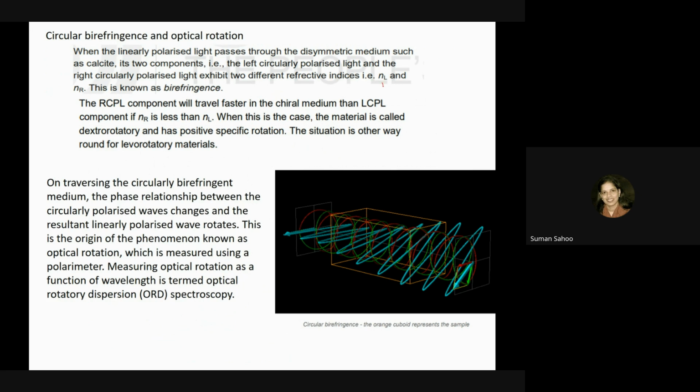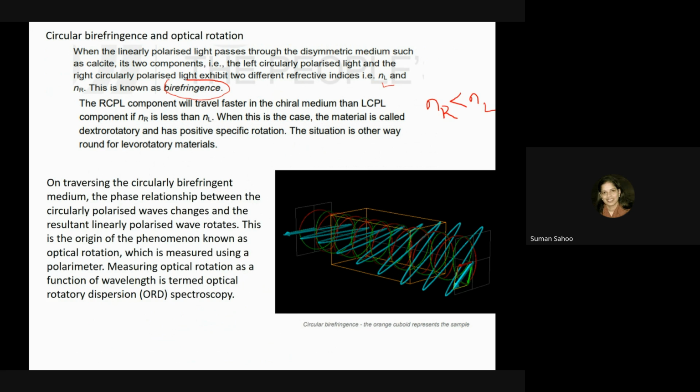Suppose NL is the refractive index for left circularly polarized light, and NR is the refractive index for right circularly polarized light. This phenomenon is known as birefringence. Suppose the refractive index of right circularly polarized light is less than that of left circularly polarized light.